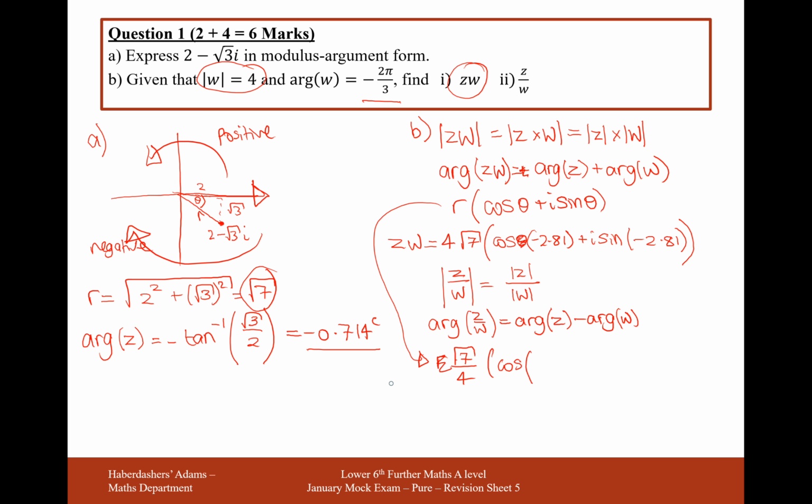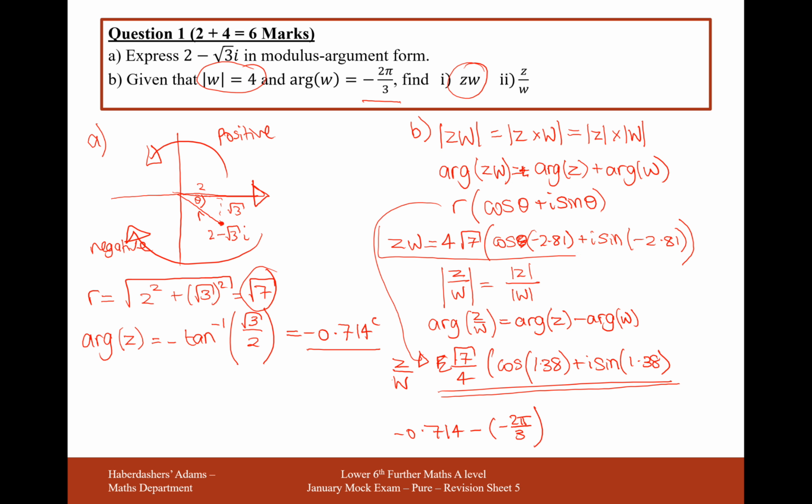And now we're going to do arg of z, minus 0.714, take away minus 2 pi by 3, the argument of w, and in that we get 1.38, and that'd be plus i sine 1.38 as well. So that's our answer for z over w, written in modulus argument form, and this here is the answer for zw, written in modulus argument form as well. Okay, great, that's 6 marks.